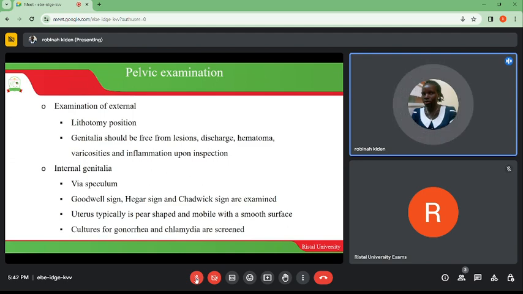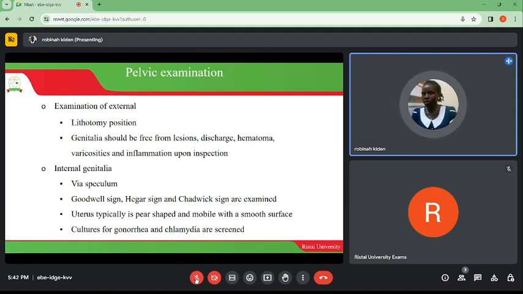Then the internal genitalia can be examined via speculum. This is why when taking the history, you have to be very comprehensive, because if the mother has mentioned something to do with discharge, then this is the time that you can go in and do the internal examination, because of the discomfort that mothers get.